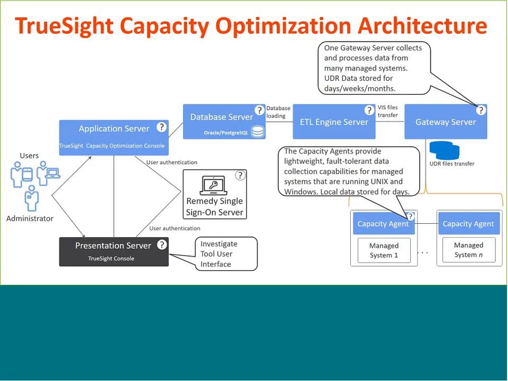In addition, each day we roll up the data into persistent storage, transfer it to the gateway server, and then we take a subset of the metrics that we collect and use the BMC capacity ETL engine to extract, transfer, and load it into the database. We're able to visualize the data using both the application server and the presentation server to generate charts, graphs, and look at interesting phenomena.